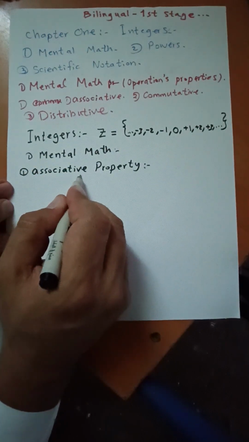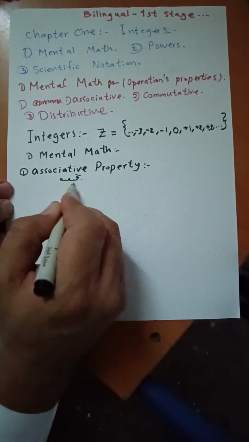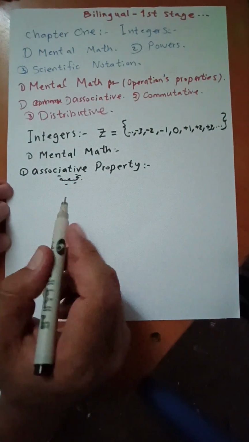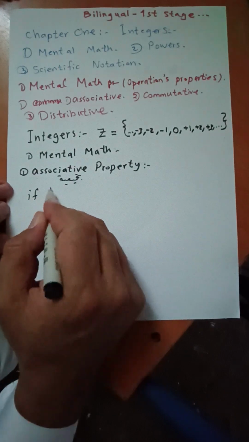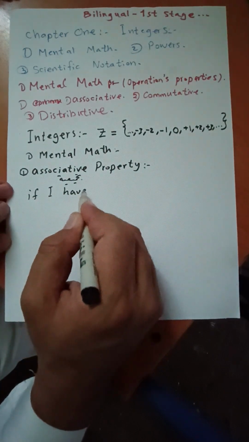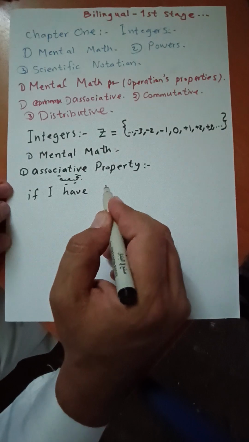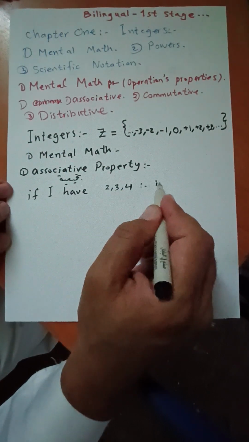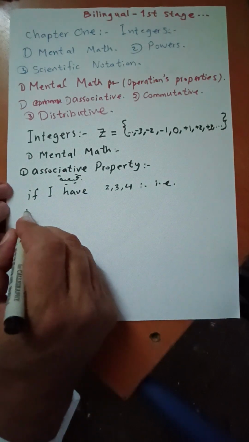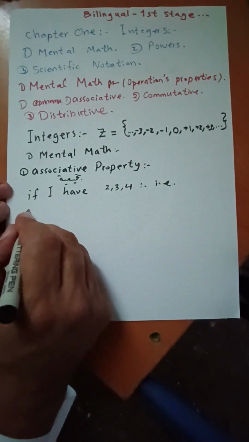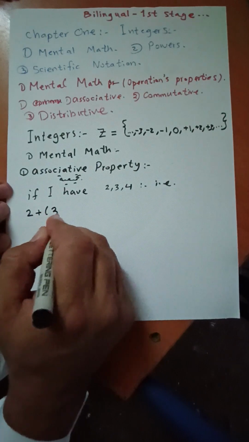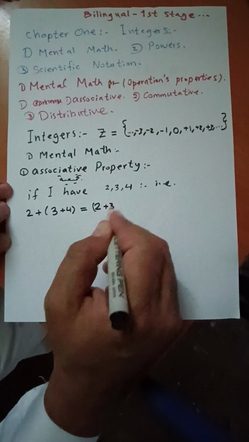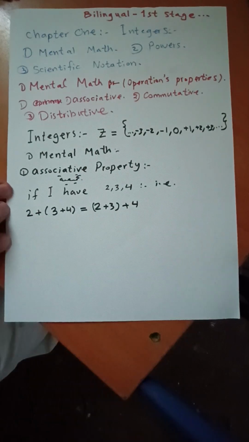If I have 3 numbers, take an example 2, 3, 4. I mean with associative that 2 plus 3 plus 4 equals 2 plus 3 all plus 4.